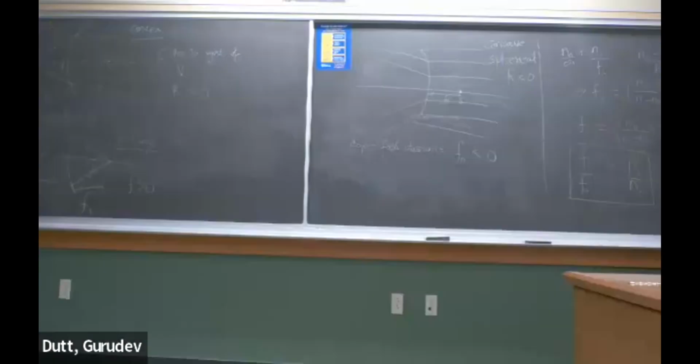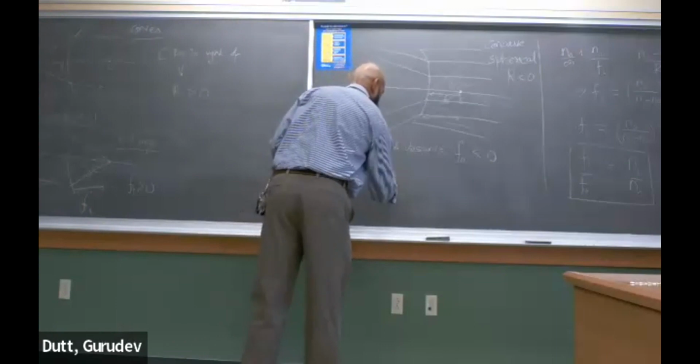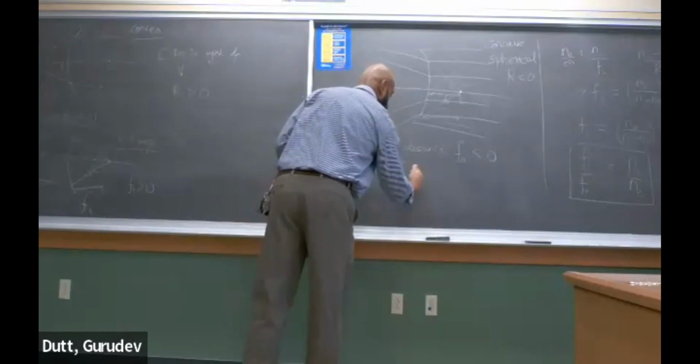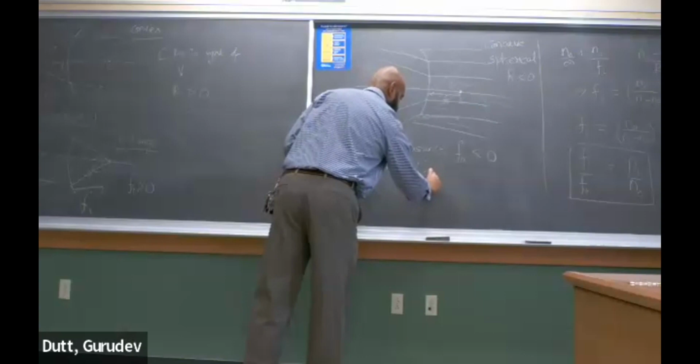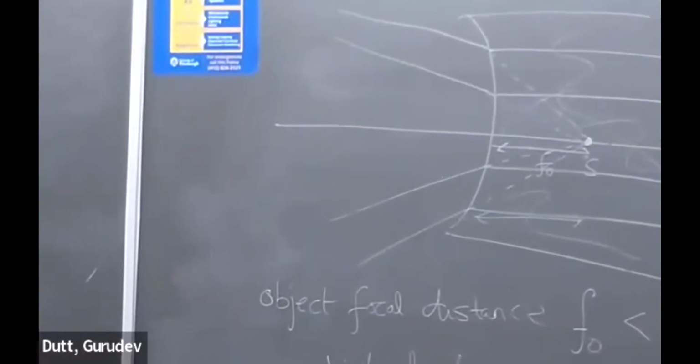So this is a virtual object. The most common way in which this shows up is in systems of lenses or when you have multiple refracting surfaces, because the rays created by one surface, just like in this example, were going to converge at this image point.